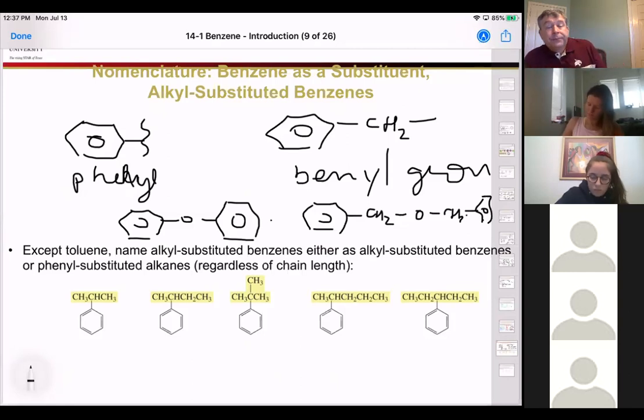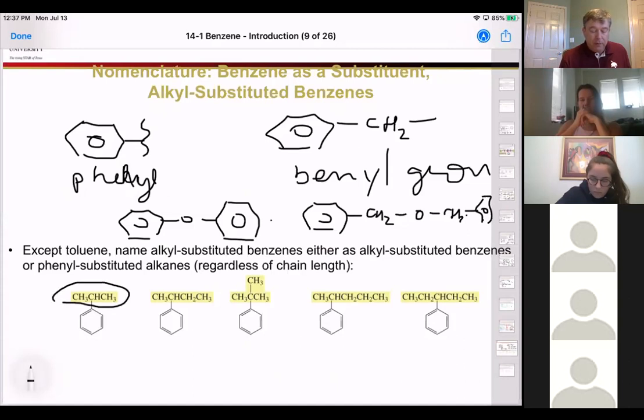Now, because toluene, the methyl group only, is the only one that changes the name, every other thing is changed to a name like this. This would be our longest alkyl chain right here, so that is a propyl group. We would name this isopropyl benzene as a possibility, because the straight chain has fewer carbons than the benzene ring.